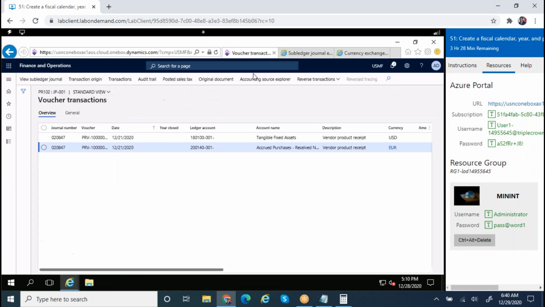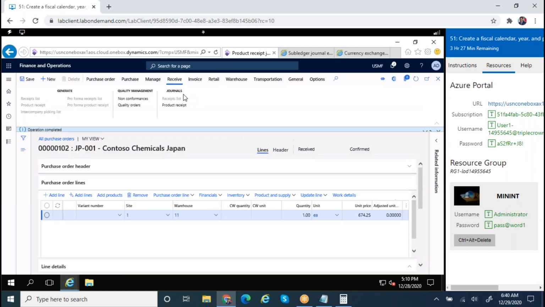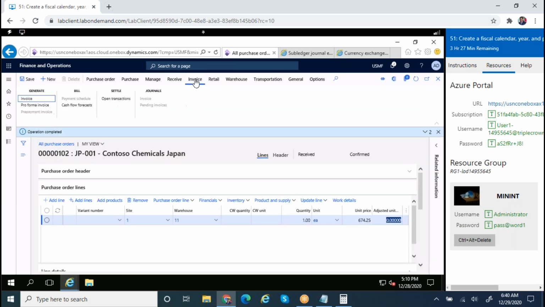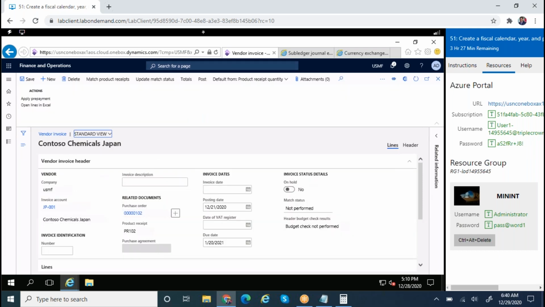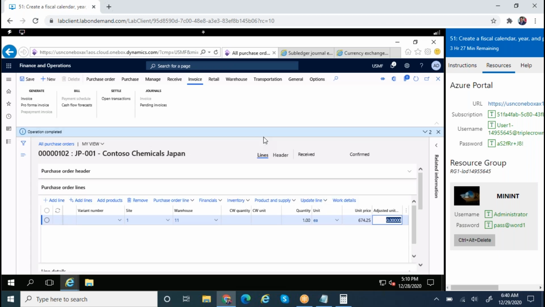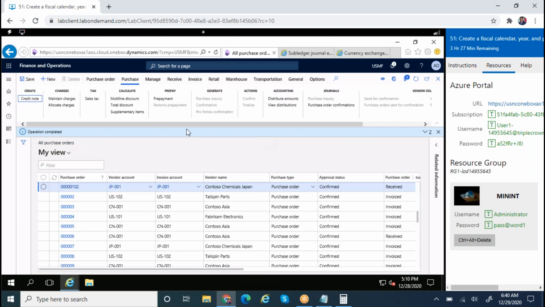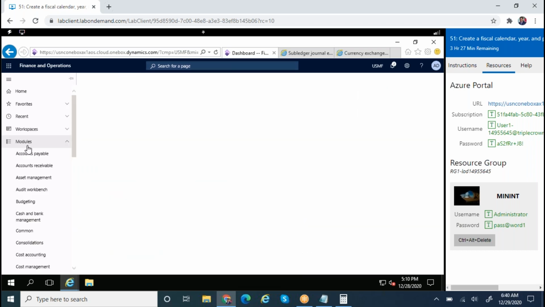Now let me do invoicing. So if I'm doing invoicing now, it will update here for today, but I want to do the invoice on today. That means let me change the session date.